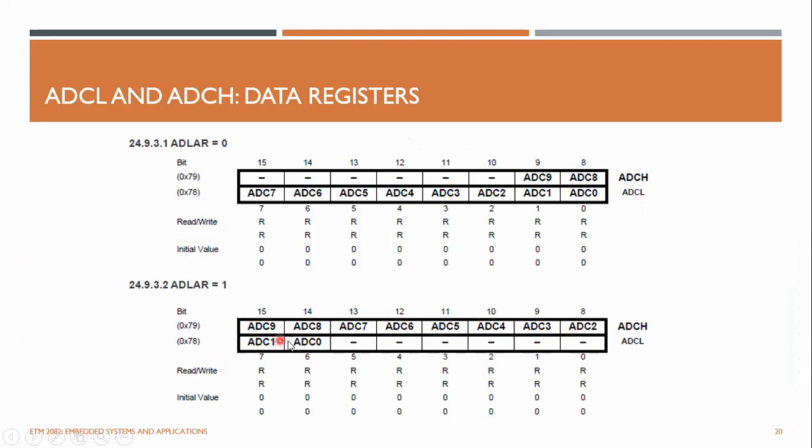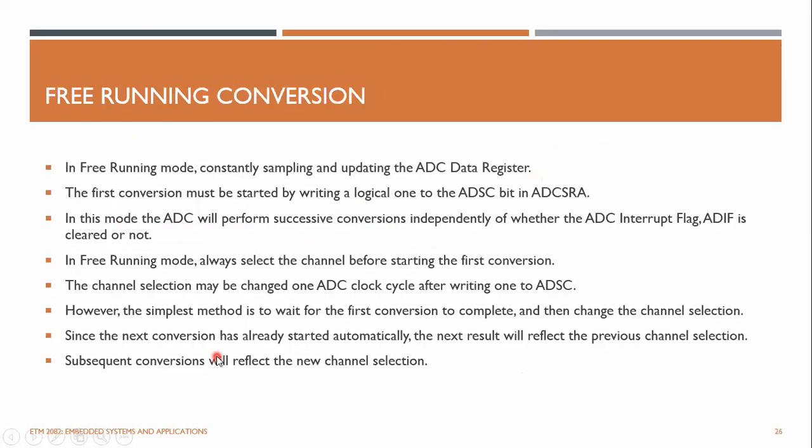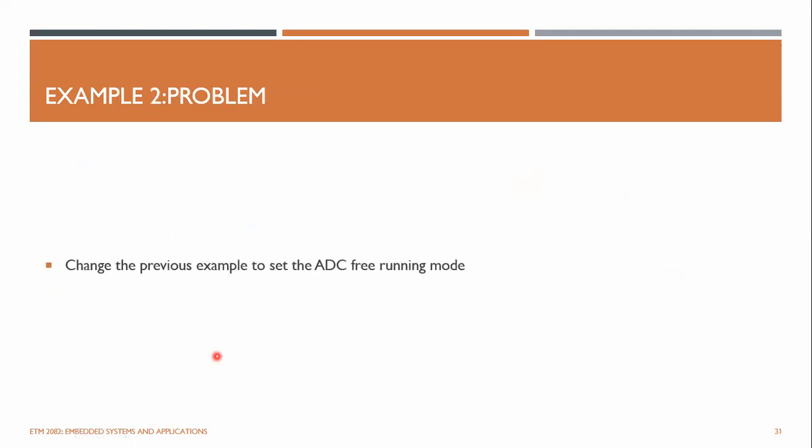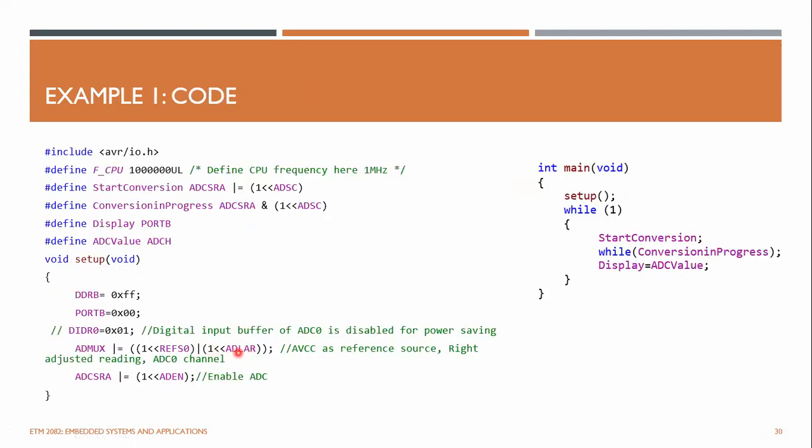You are not reading all these 10 bits. You don't need 10-bit accuracy. In the problem, it is asked to get the topmost bits for 8-bit resolution. So ADLAR is set to 1, which is left adjust.